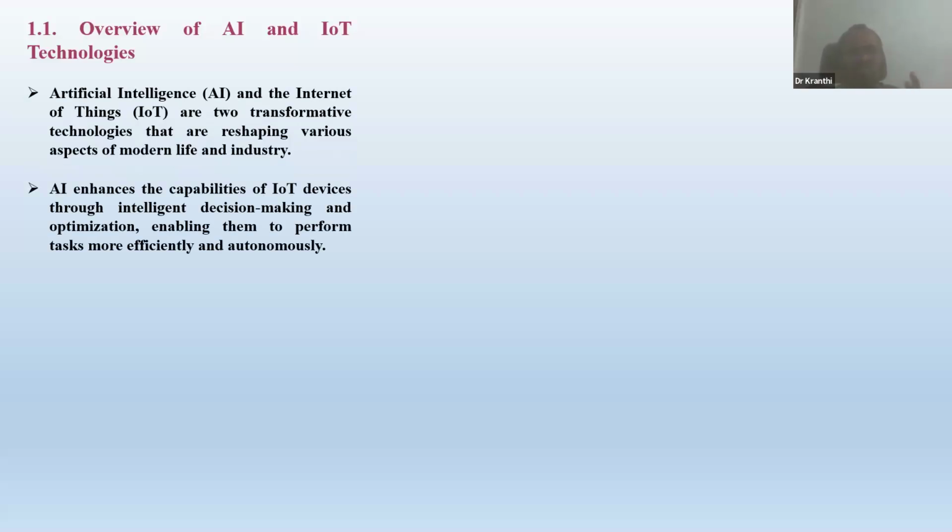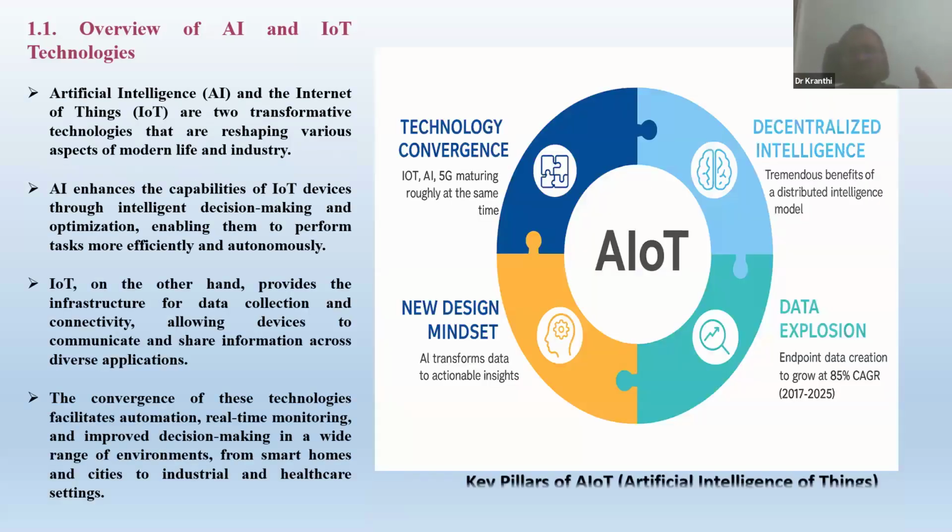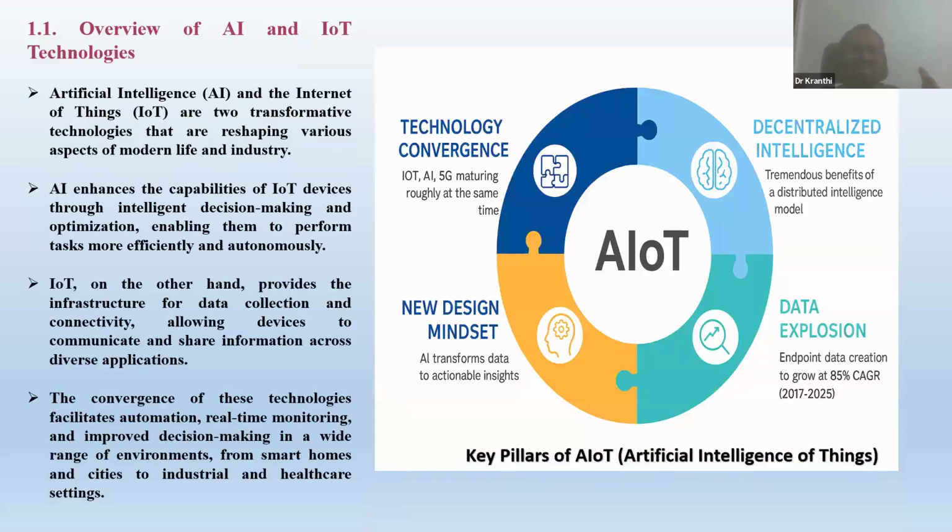It is about in what way these two are combined with each other, and the transformative potential of AI lies in its ability to empower a specific set of IoT devices with analytical capabilities. Analytical capability means in what way IoT devices extract data.